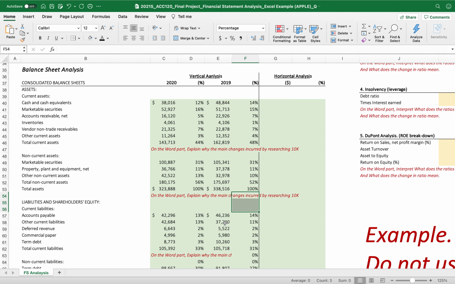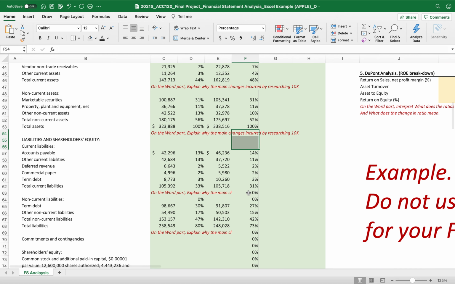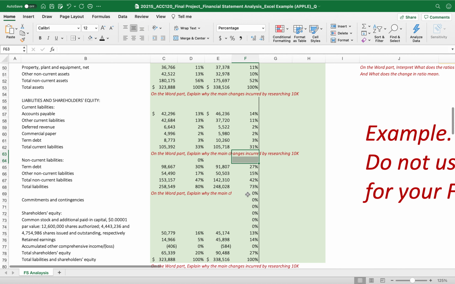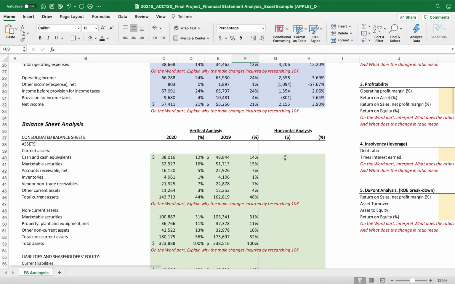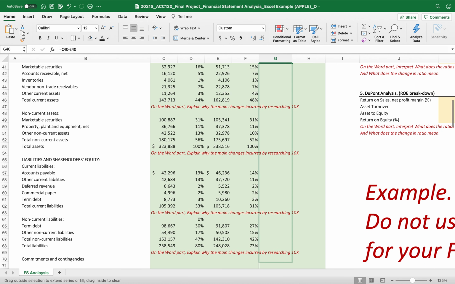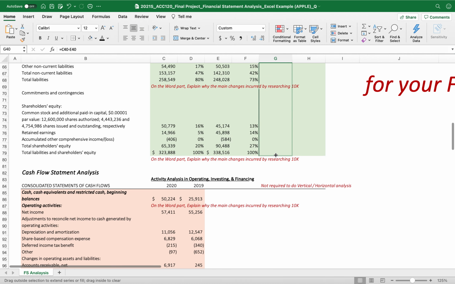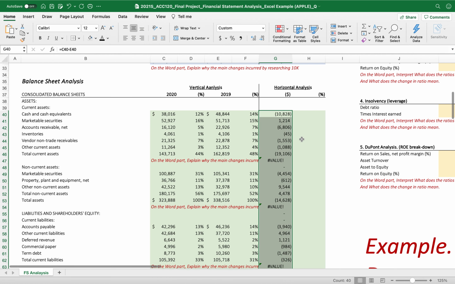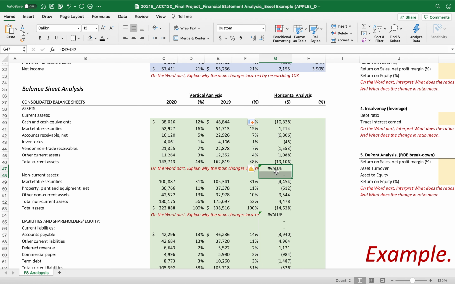Excel helps us to be very efficient in calculating and getting information. Okay, then horizontal analysis is the difference between 2 years. So 2020 minus 2019, and then let's drag it down. Okay, and then let's remove unnecessary part.